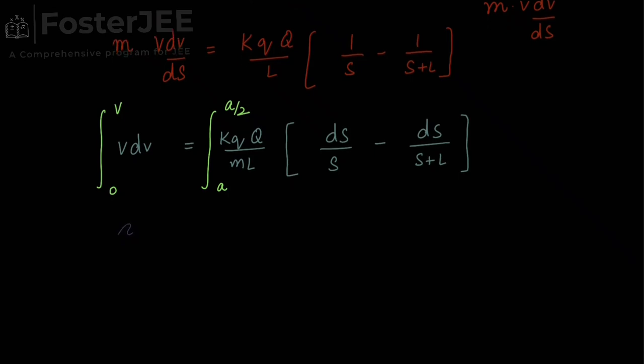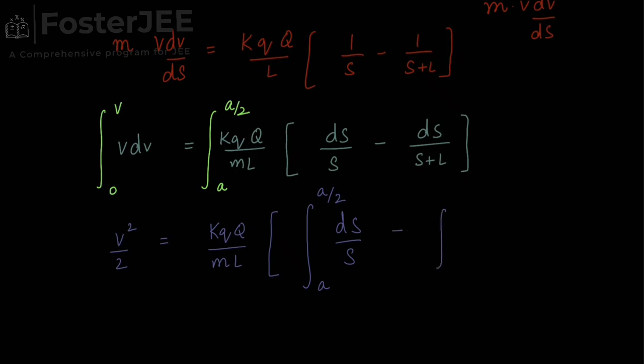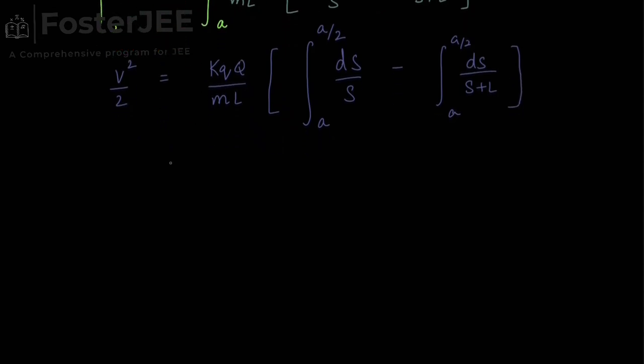Now simply we will integrate this equation. Now we will get v square by 2 equals KQq by ml times, first of all, the integration sign gets inside because this term was constant. So this becomes integration of ds upon s from a to a by 2, minus integration of ds upon s plus l, from a to a by 2. Now we can solve this.